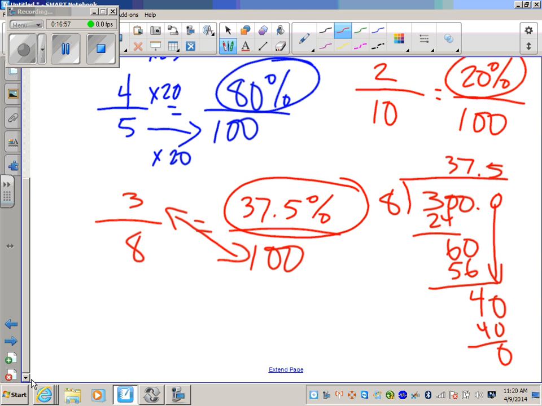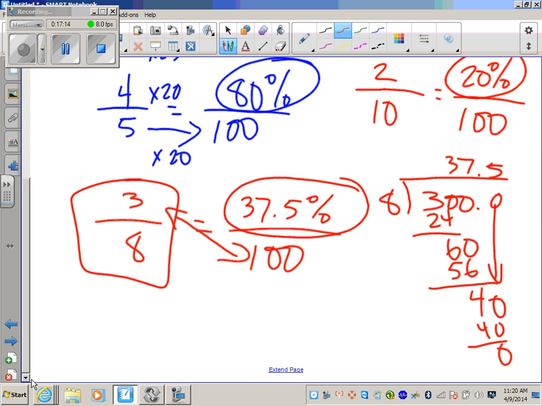Sure. Absolutely. You can have a percent like that. In fact, if you had a homework assignment and there were 8 problems and you had 3 right, that's the percent that you would have scored. I mean, that's an actual example.